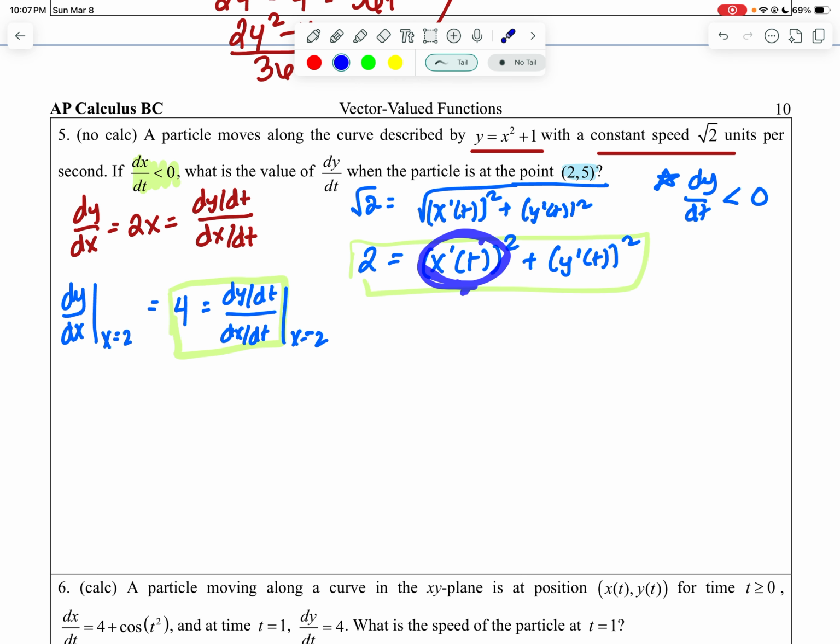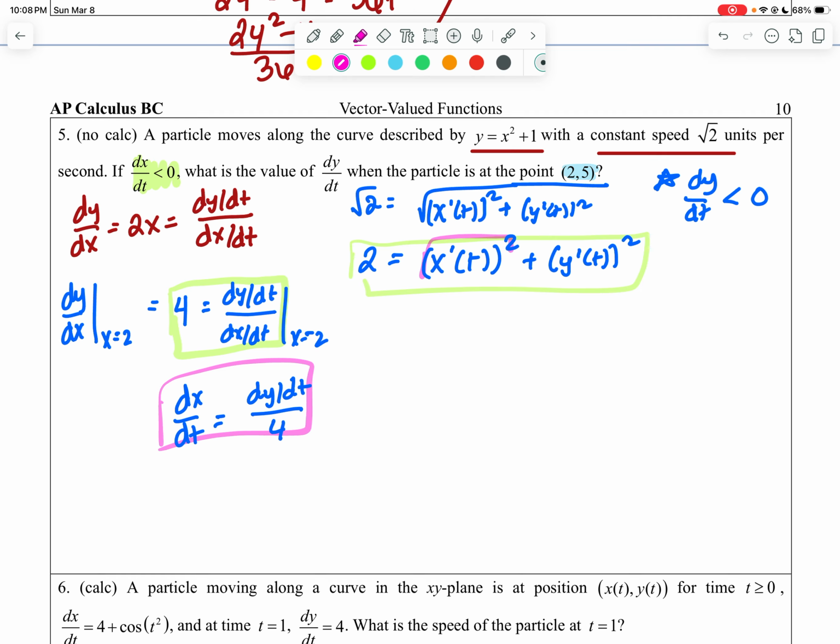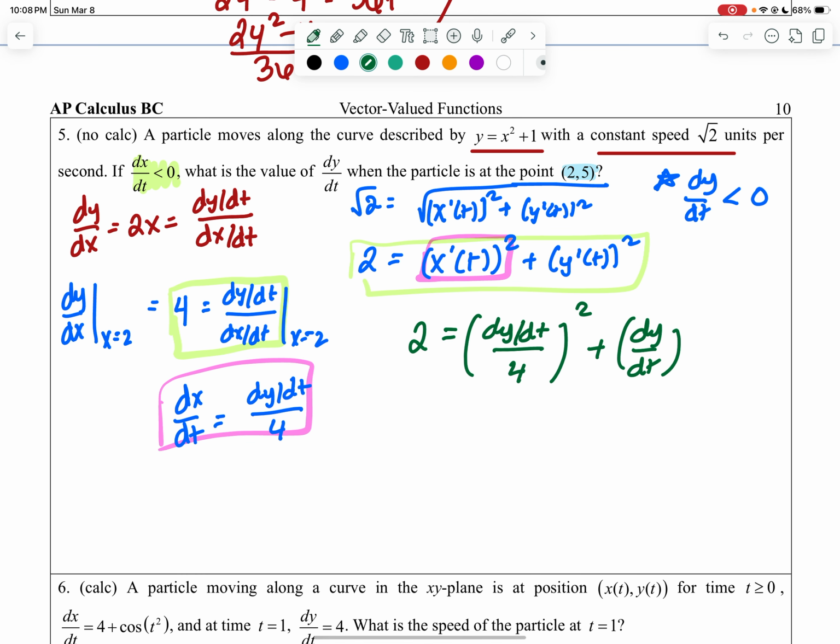That way I could just replace this and then call it a day. So that's going to give me dx/dt is equal to dy/dt over 4. And this right here, I'm going to sub into this right here. So now I have 2 is equal to (dy/dt over 4)² + (dy/dt)².